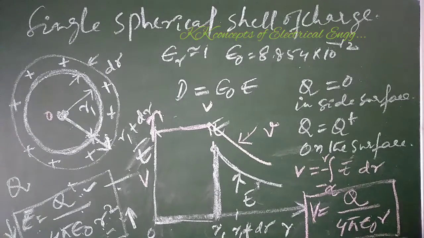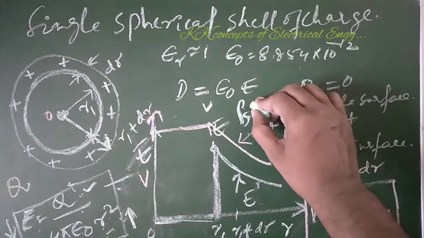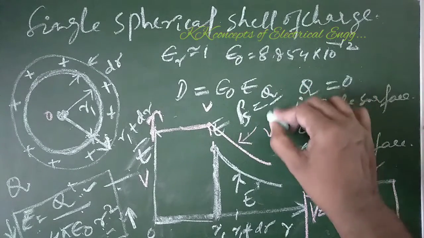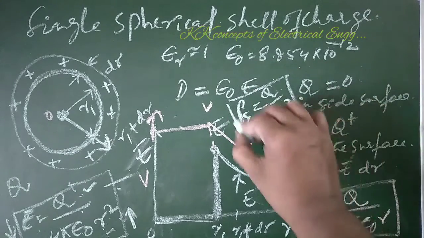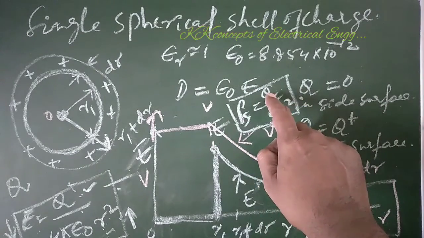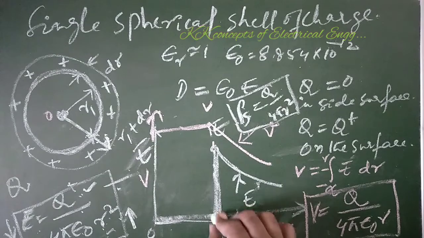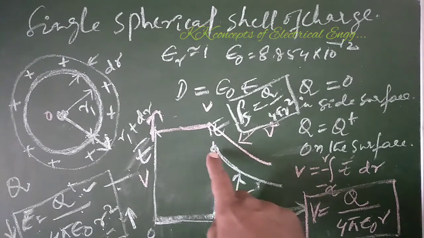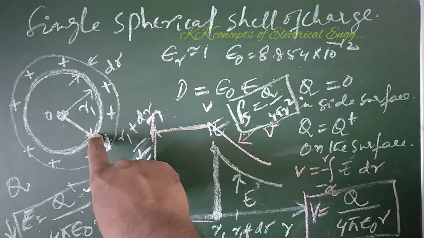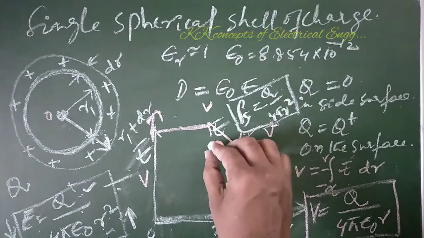Now, what about rho S? Rho S equals Q by 4 pi R square. As the Q value is 0 inside the sphere, rho S value is 0. And at R, at this point, the Q value is Q plus, so rho S value will remain here.